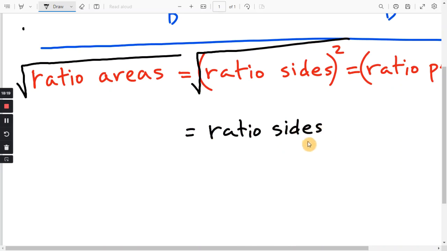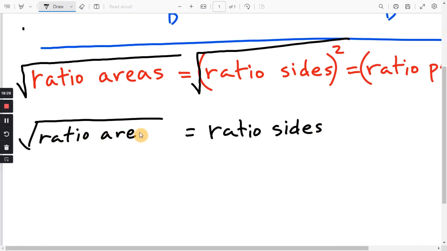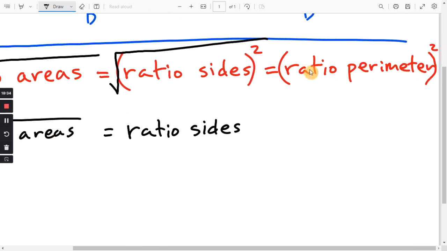So the ratio of the sides is going to be the square root of the ratio of the areas. Okay, and the same is true with the perimeter. You take the square root of that, and you end up with the ratio of the perimeters.